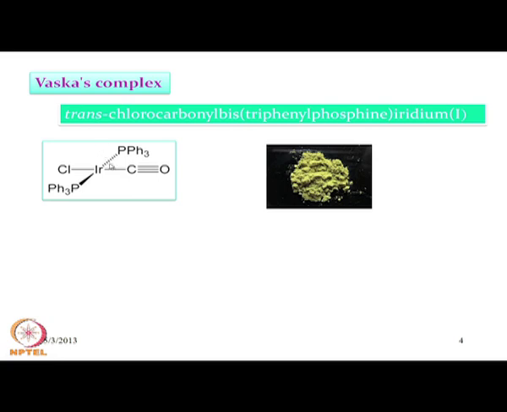So, people have studied long for this type of molecules where we can go for some oxygen transfer reaction or oxygenation reaction based on the iridium, because the dioxygen molecule should definitely be activated through the corresponding coordination to the iridium center.